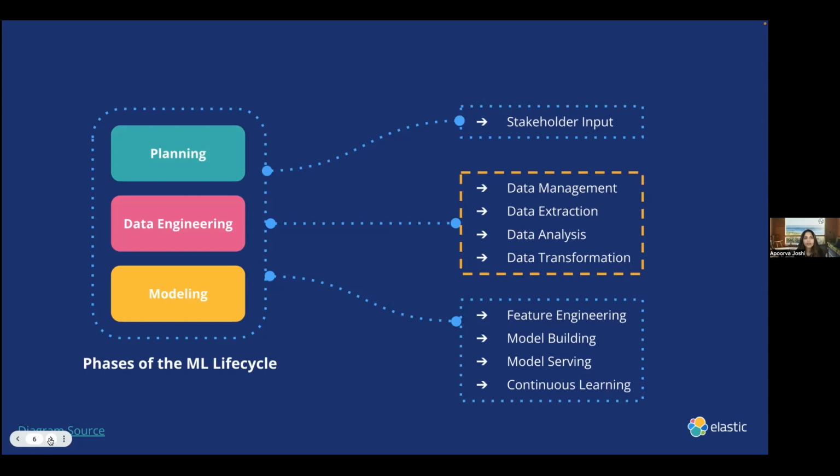And data engineering mainly consists of 4 tasks, right? Figuring out where you're going to store your data, being able to extract it easily from your data store, analyzing the data to find interesting trends and patterns in it, and finally processing it in a way that's suitable for training models on top of that.